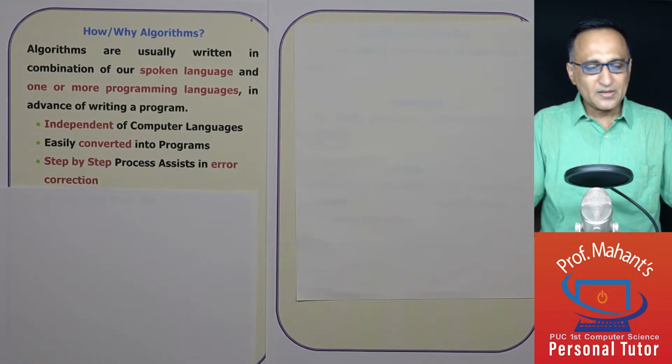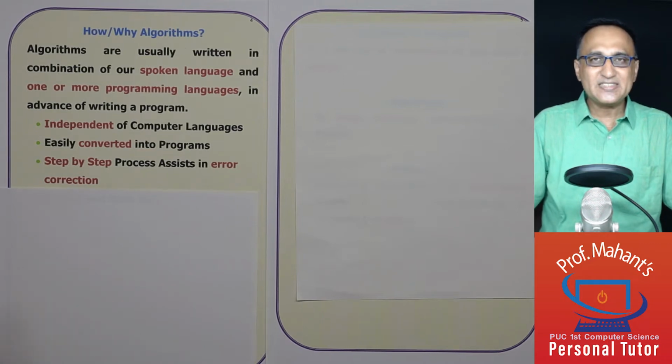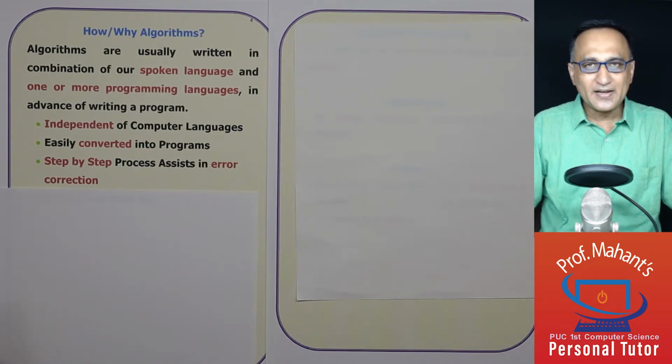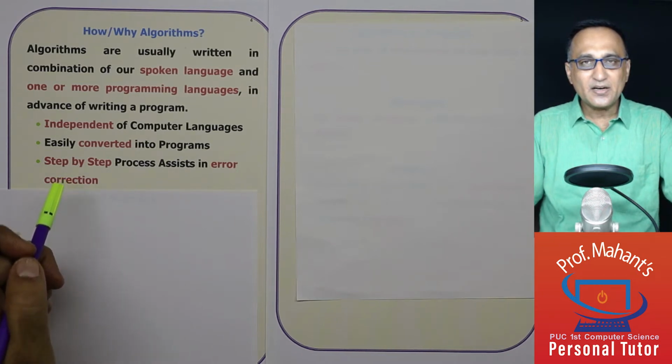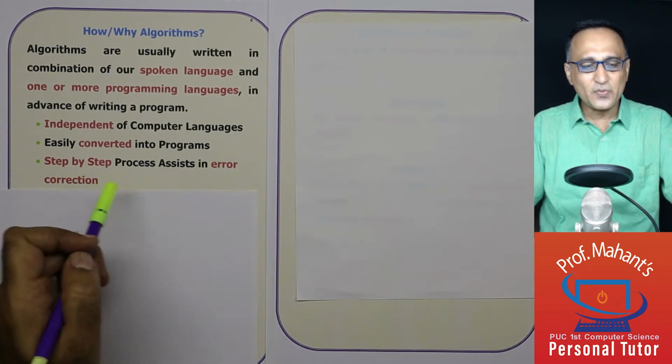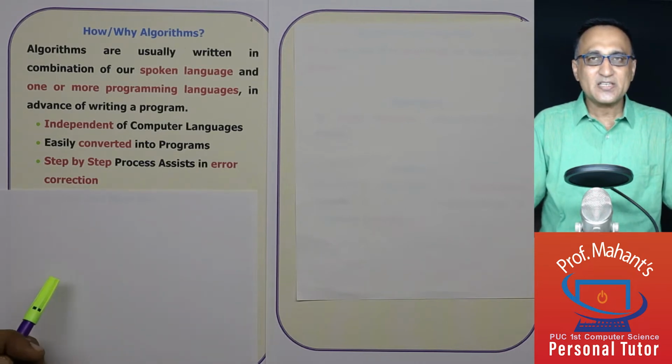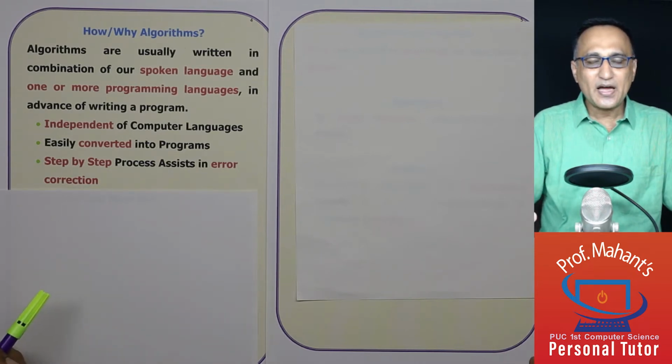Number three, the advantage of an algorithm is that since it's an ordered finite sequence of solving a problem in a step-by-step manner, if there is any mistake in the output, we can immediately go step by step and find where the error is. Say, for example, I am trying to find the area of a triangle using the formula half base into height.